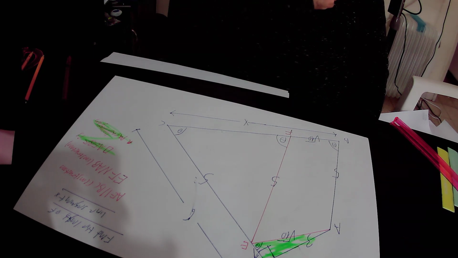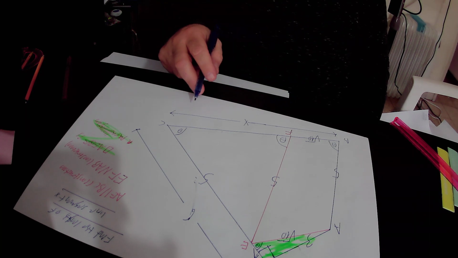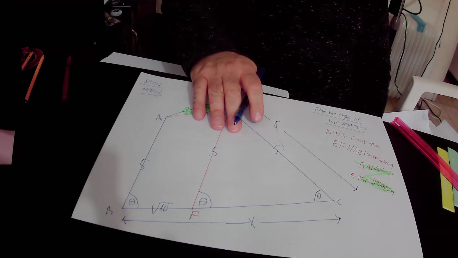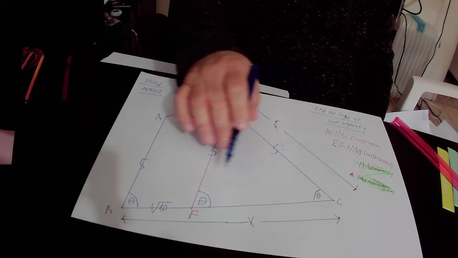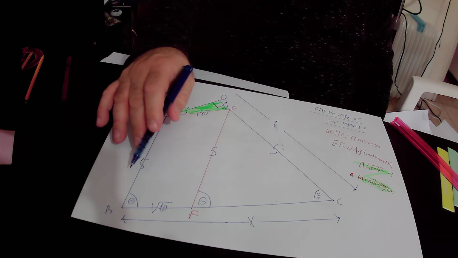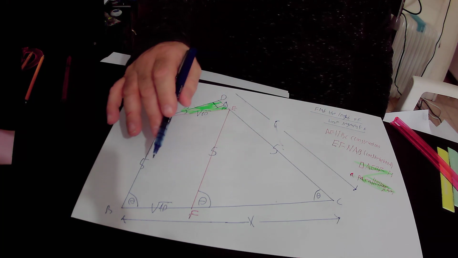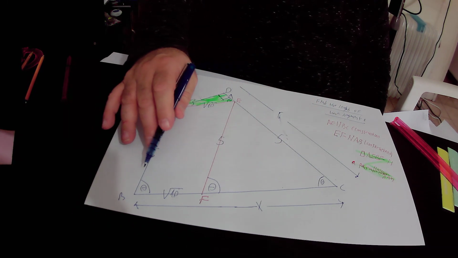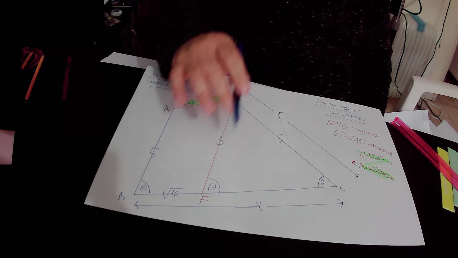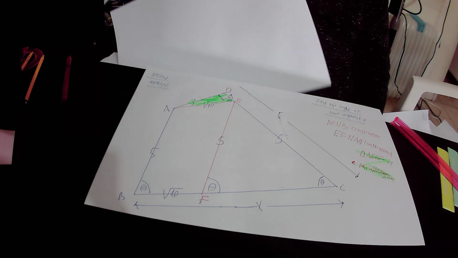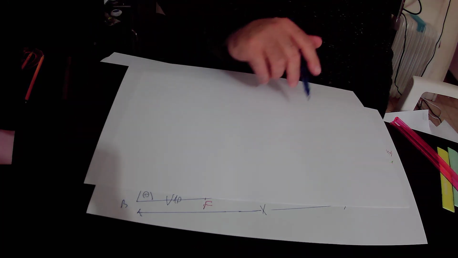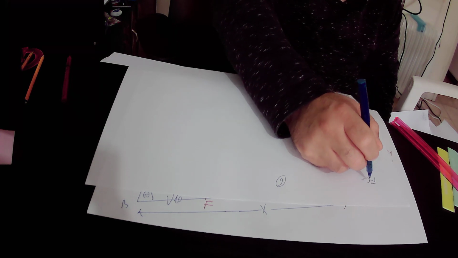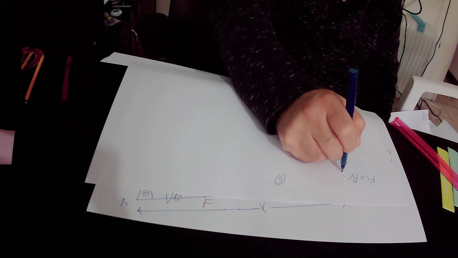And what is the length of FC? It is very easy to see that the length of FC equals BC minus BF. I will write it down. The length of line segment FC equals BC minus BF.